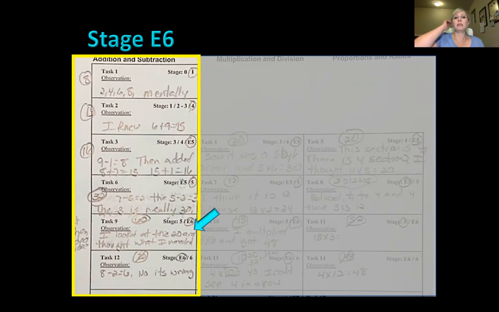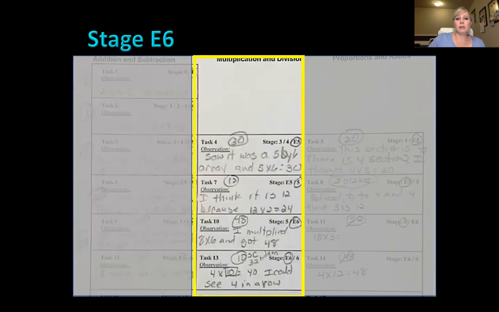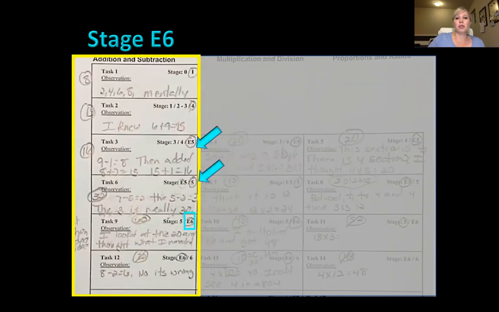But because they talked about the 20 in this one, and the 30 in task 6, we're going to go ahead and score this one as an E6, and then just be cautious and mindful when we group these kids that I might want to keep an eye on this child that he may not be an E6, he may be a 5.